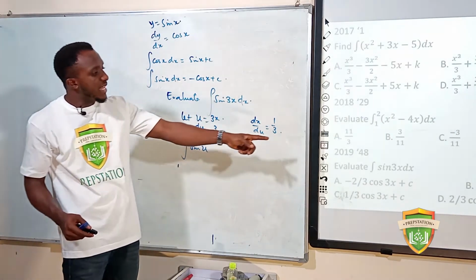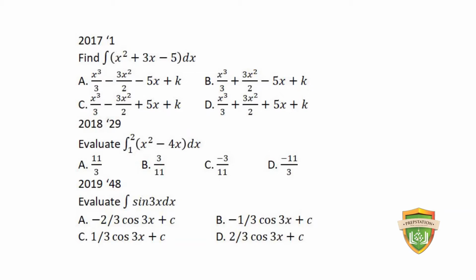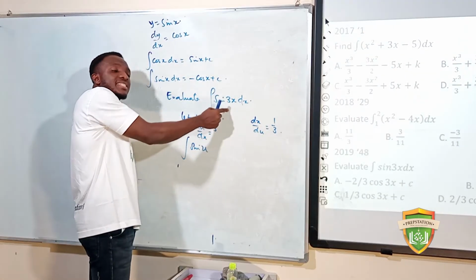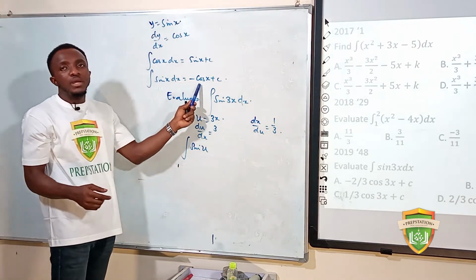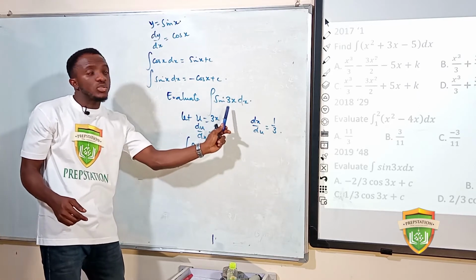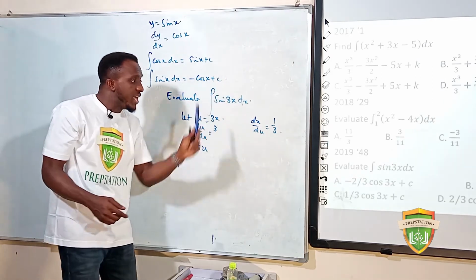Evaluate, that's 2019, number 48, the integral of sine 3x dx. Now this is a function of another function. If it was just sine x dx, it's simple. The answer would be minus cos x plus c. But it is sine 3x. So there is another function here, which is 3x.